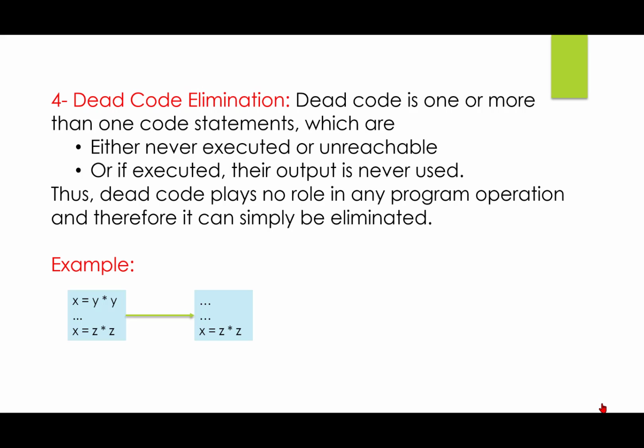For example, x equal y star y, then x equal z star z. When we replace the value of the identifier x with z star z, we will never need x equal y star y, so we will eliminate this one.